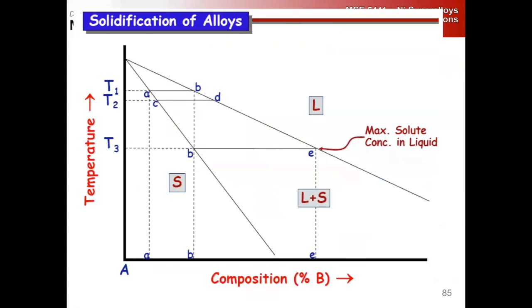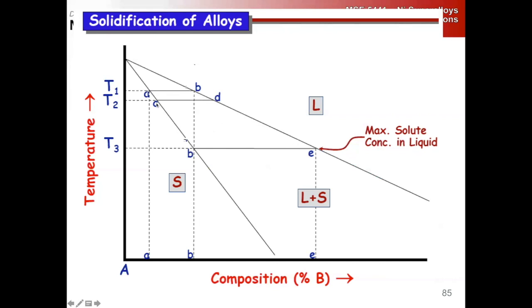So just a refresher, I know you had this in phase transformations, but if we remember, if we have alloy composition at composition B, our first material to solidify is going to be of composition A, right? And as we move down, the composition of our solid gets greater, but also our liquid concentrates in solute as well.